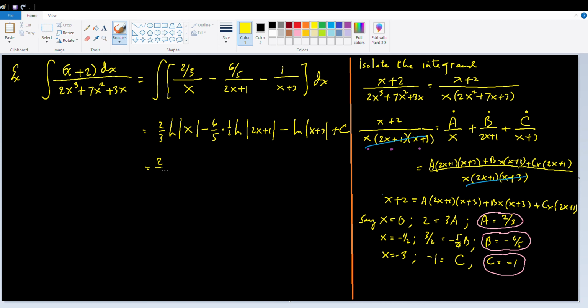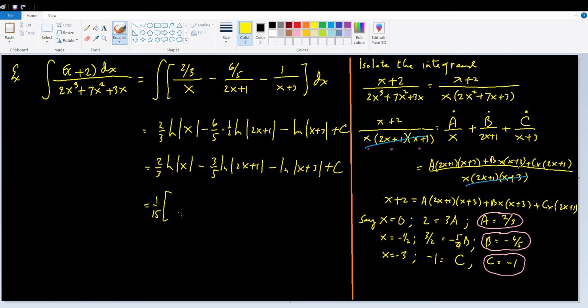So that is 2/3 ln absolute value of x minus 6 over 10, which is 3 over 5, ln of 2x plus 1 minus ln of x plus 3 plus c. You can simplify your answer by combining these 3 as 1 ln. So we can factor 1 over 15.